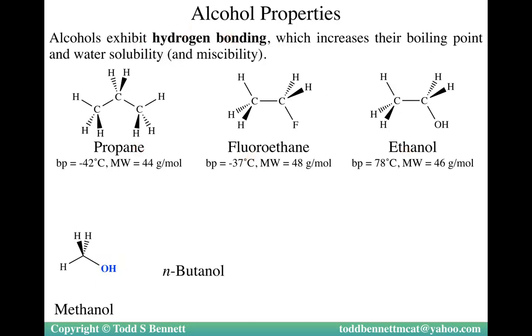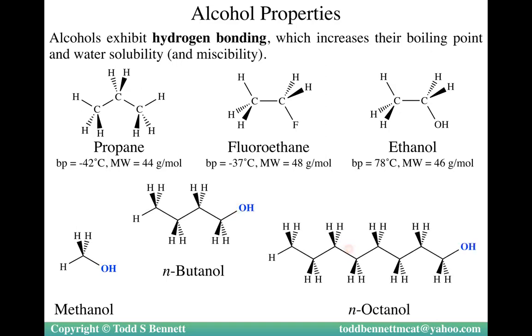Methanol has a fairly high boiling point as well, and butanol we mentioned in lab, and octanol. So again, just want to go back to what we did in lab earlier. Methanol, highly water soluble, and butanol, semi-water soluble, and then octanol, the chain gets so long, its water solubility becomes negligible.